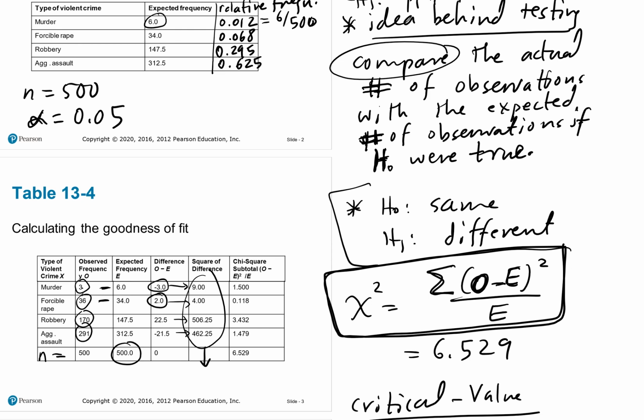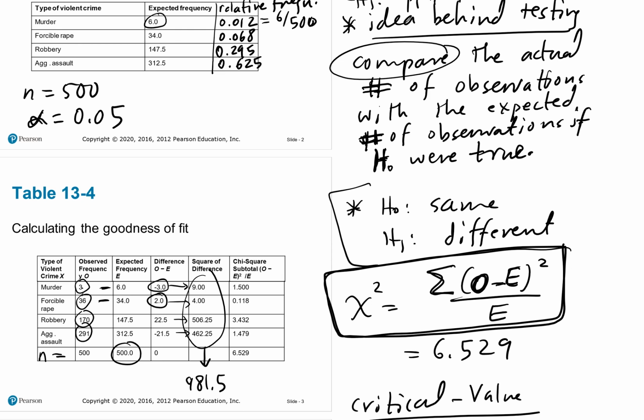You can take out a calculator and add the numbers up: 9 plus 4 plus 506.25 plus 462.25, and then divide. 981.5, just keep that in mind for now.